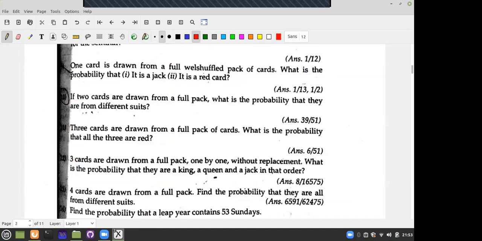Let us look at the 10th one first. You are trying the 11th problem, right, Ritu? Yes, sir.